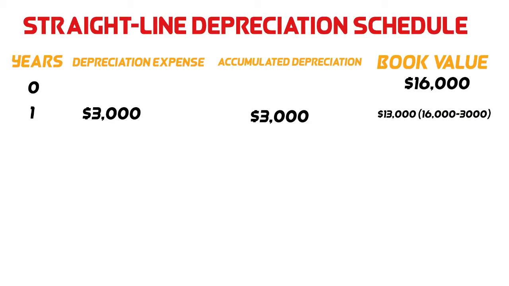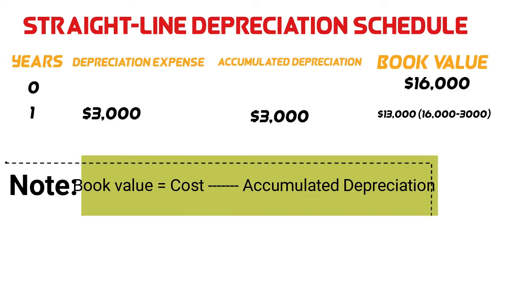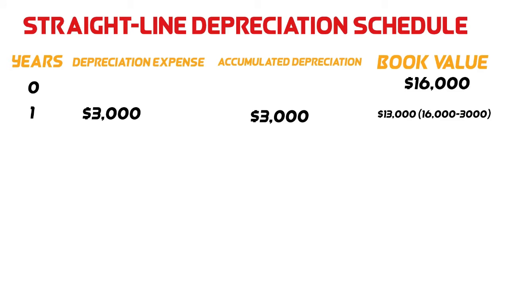We know that book value is equal to the cost of the asset less accumulated depreciation. Here the cost of the asset is $16,000 and accumulated depreciation in the year is equal to $3,000. So, the book value in year 1 is $16,000 less $3,000, equal to $13,000.